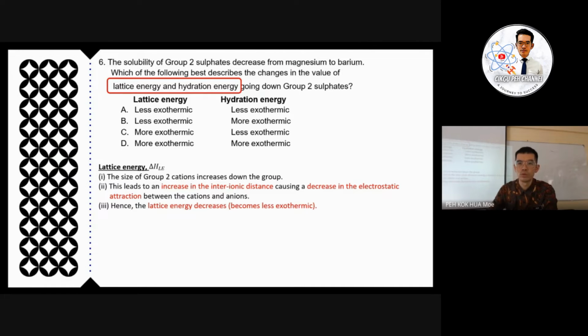That means from magnesium to barium, the size of the element will increase. This leads to an increase in inter-ionic distance, causing a decrease in the electrostatic attraction between the cation and anion. So the distance between the sulfide and the cation will keep increasing, so the electrostatic attraction between the cation and anion decreases going down the group. Hence, the lattice energy decreases. So here, it becomes less exothermic for the lattice energy.